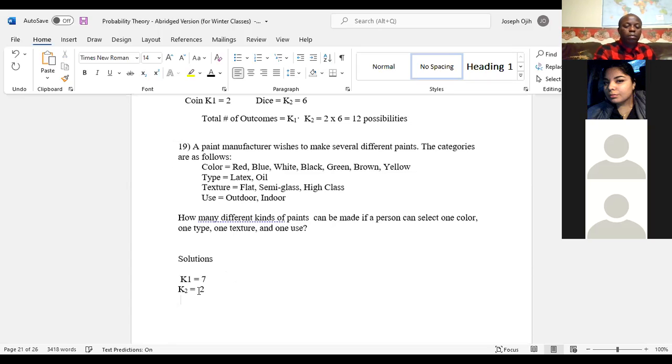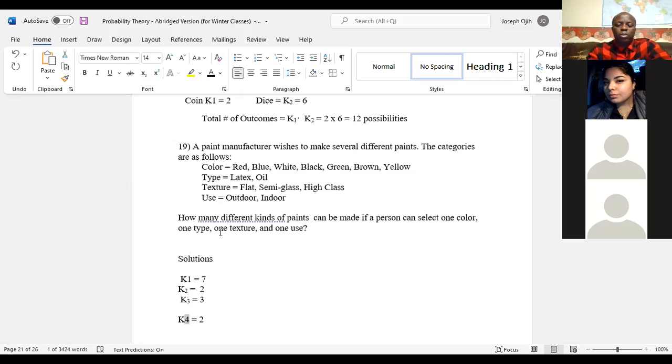K3 will be the texture, 3 of them. And then K4 can be 2, 2 of them.